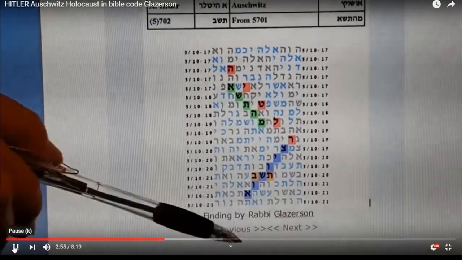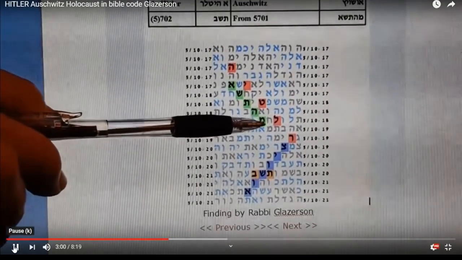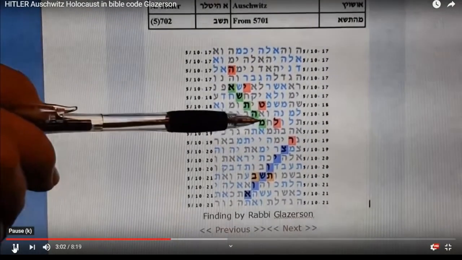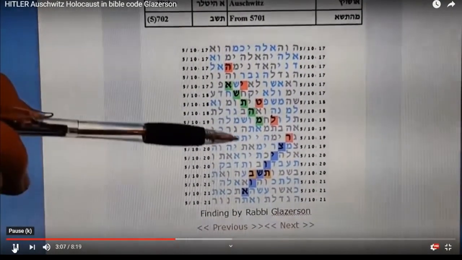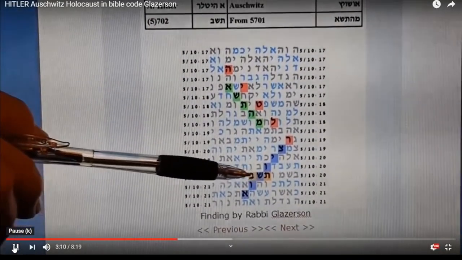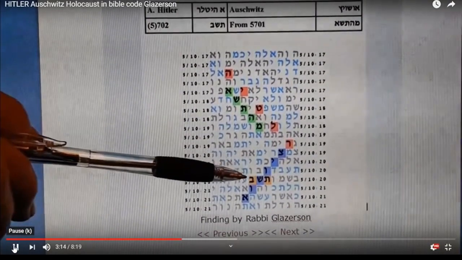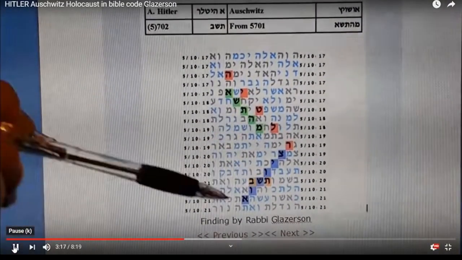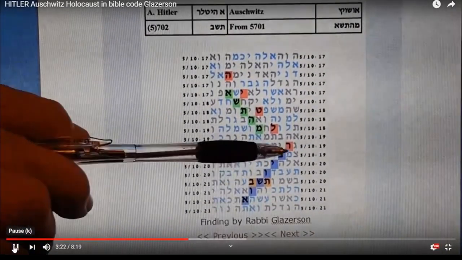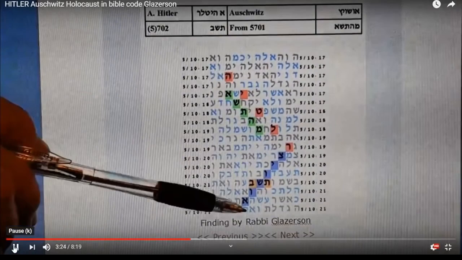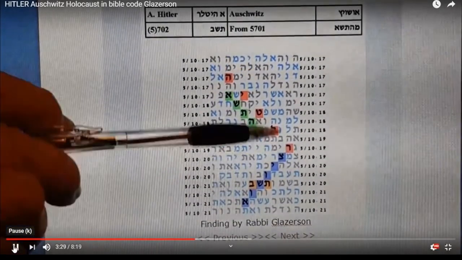You can see here, I found the date when the Second World War really started, Tafshin Ein Aleph in Hebrew, 5701. And the Holocaust itself for Jews was a year later, which is Tafshin Bet, 5702. All coming together with the finding of Dr. Katz: Auschwitz, Holocaust, Hitler, and the dates when it started.